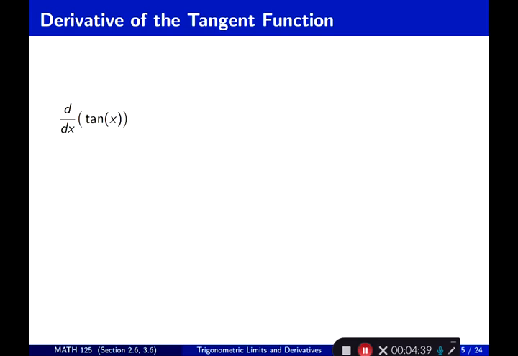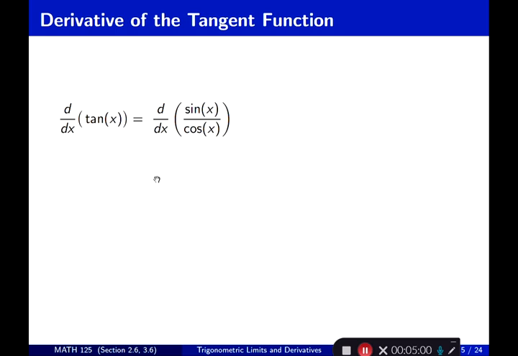But let's try to also use a derivation method, so if we forget some of them, we can remember. So let's start with derivative of tangent of x. What is tangent of x? It's sine of x over cosine of x.